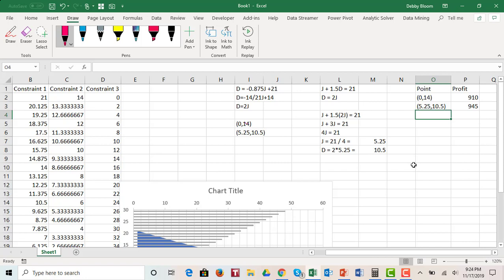Since we can't manufacture 5.25, we would have to go to the next lowest number. So our third possible point is 5, 10, because d is 2j. Now I'm going to take 5 multiplied by 50 and add to that 10 multiplied by 65, and we get a profit of 900.